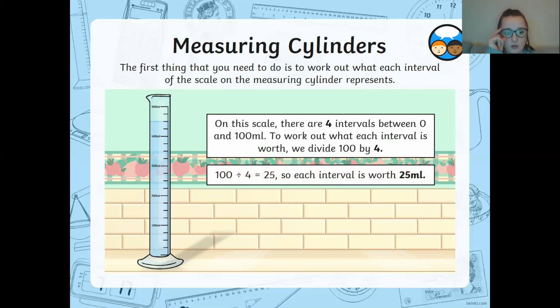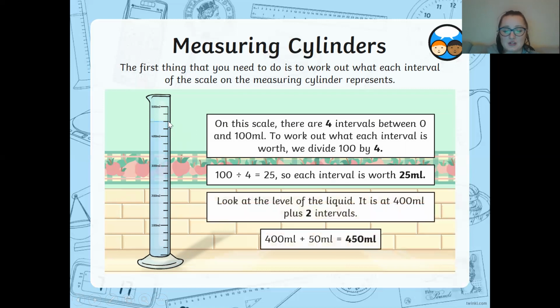So then what we do, we look at the volume in the measuring cylinder, and we can see that it's between 400 and 450. Now, each little line is an interval, and we're going to count up in 25s, remember. So let's have a look. 400, 425, 450. Super duper do.